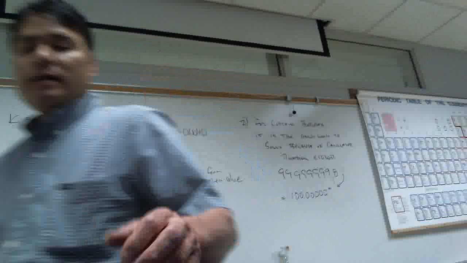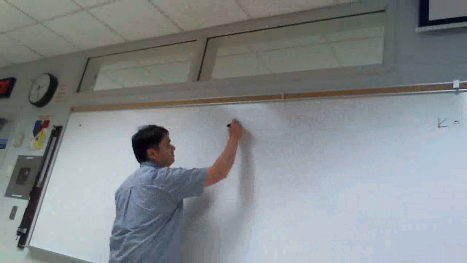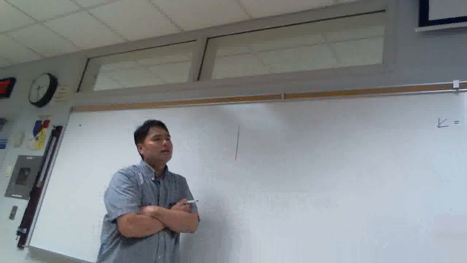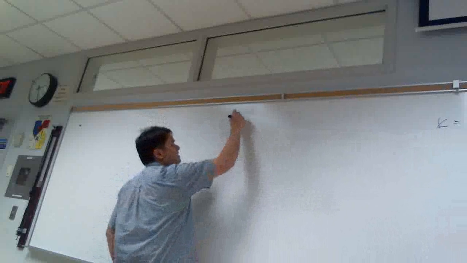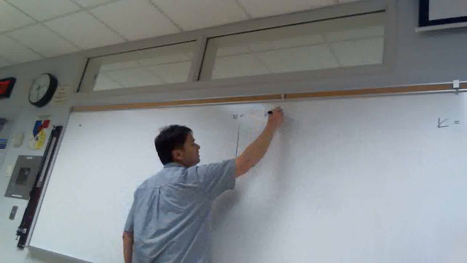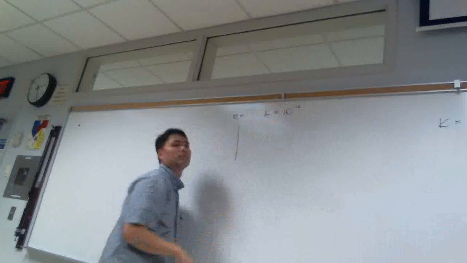So why does it matter? Let's look at a scenario over here. Let's take a look at something like this. In this example, let's say that the K is equal to 10 to the minus 10.